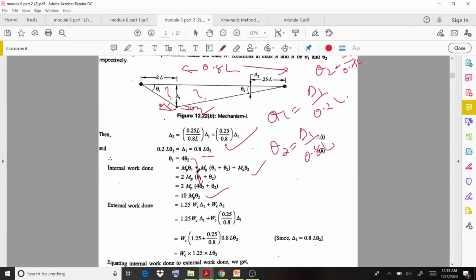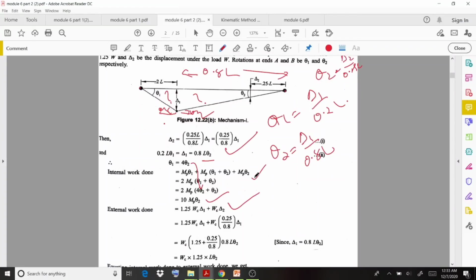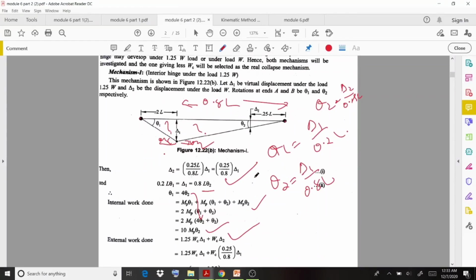And if you substitute for the external work done, you can observe that it is 1.25 WC delta 1 plus WC delta 2. The corresponding loads are acting. Here the 1.25 W load is acting, so 1.25 WC multiplied by delta 1.